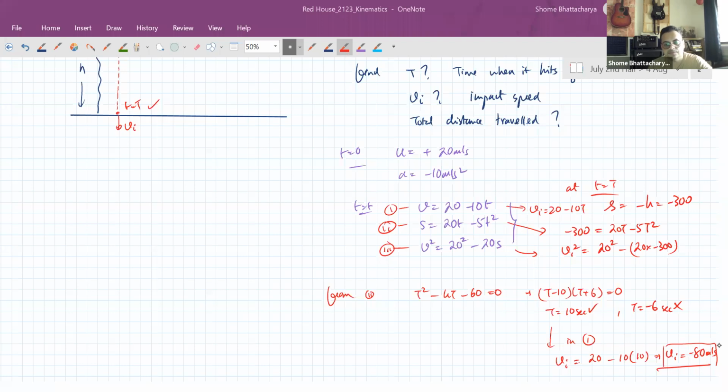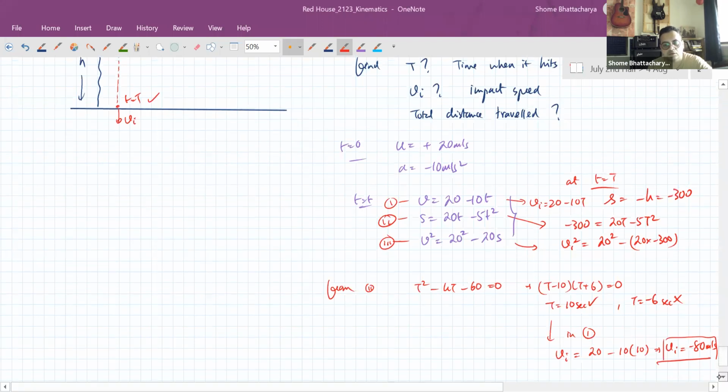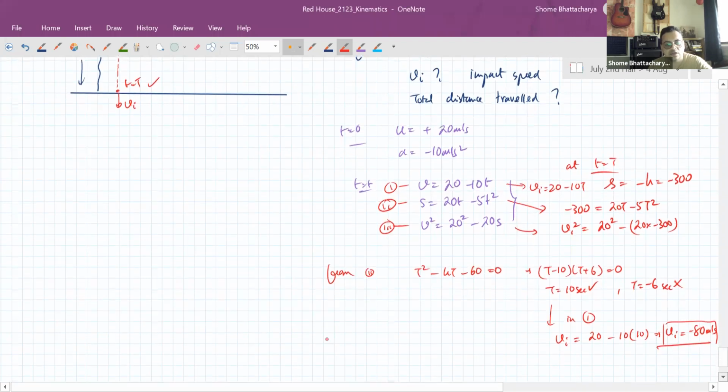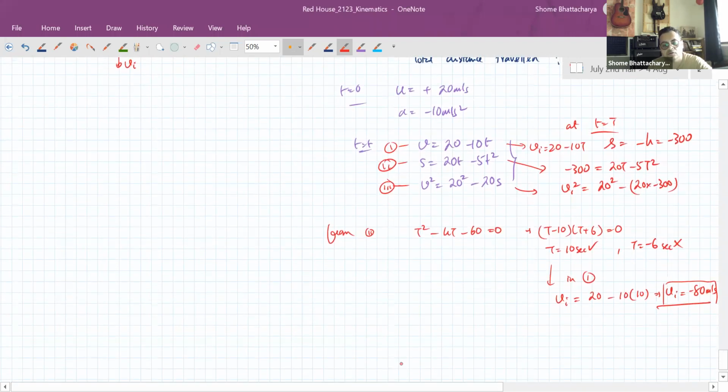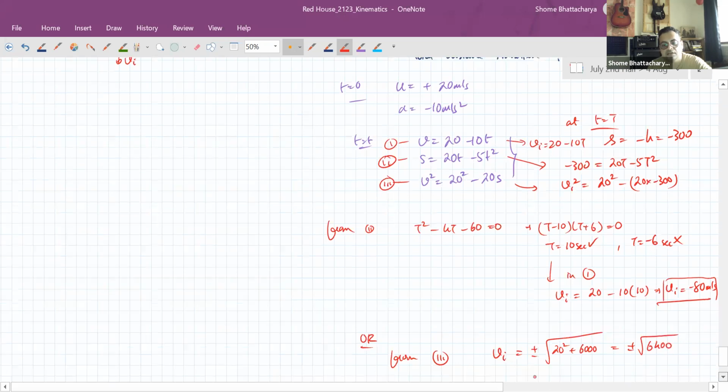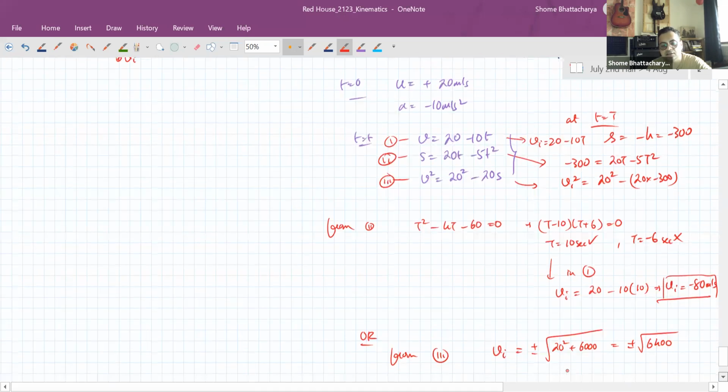Okay, so this is the whole thing. Or alternately, what you can do is you can start with equation 3. So you'll get v. Now v will have to be taken as negative because you can see the direction is downwards.